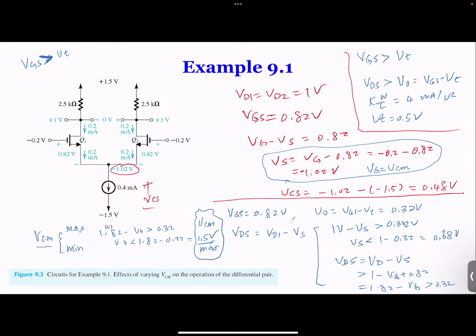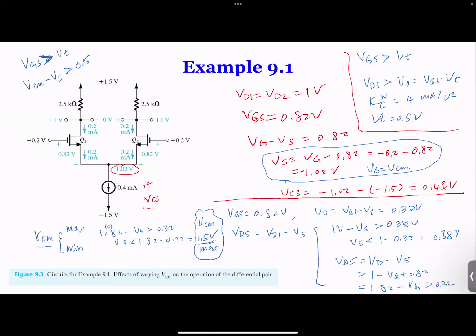And VGS equal to VCM minus Vs has to be larger than 0.5. And Vs, VCM. So then in this case, we really don't know Vs. Let's see.